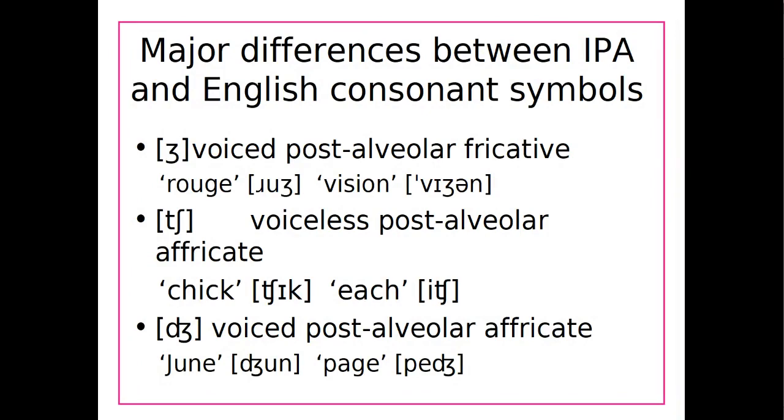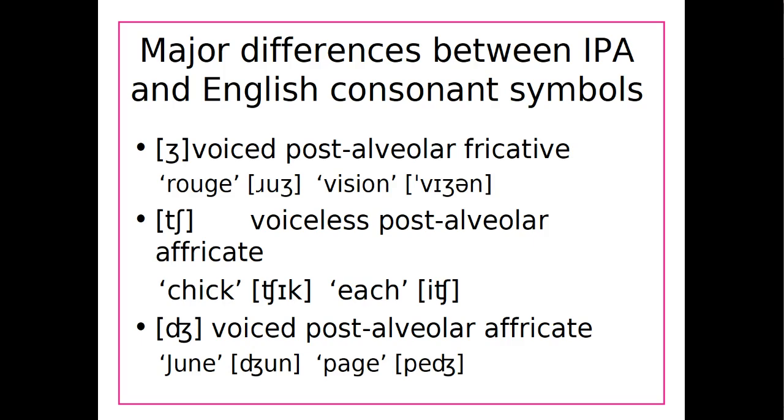Then we have the affricates, which, because they are really kind of stops followed by fricatives, these really are two sounds. Just you'll see them together so commonly that sometimes they will be referred to as one sound. So we have the t followed by the sh. This is the voiceless postalveolar affricate.